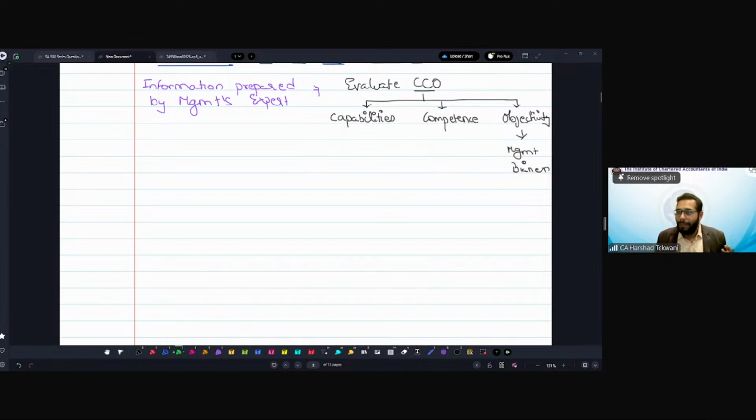Accordingly, we can develop our point estimates or range, and we can evaluate the outcome of the estimate also. So this will help us understand the accuracy of the working prepared by the management expert.